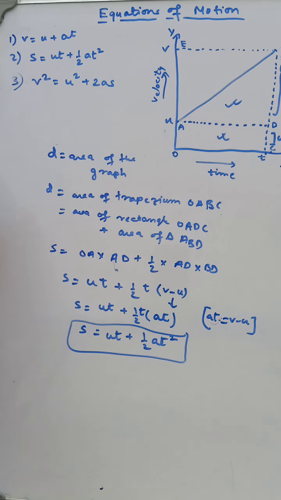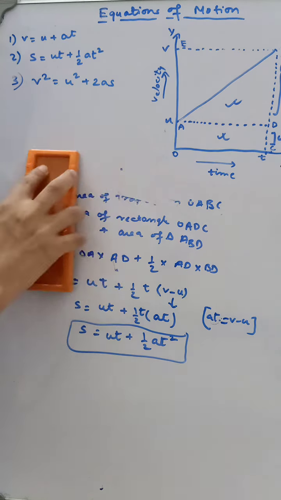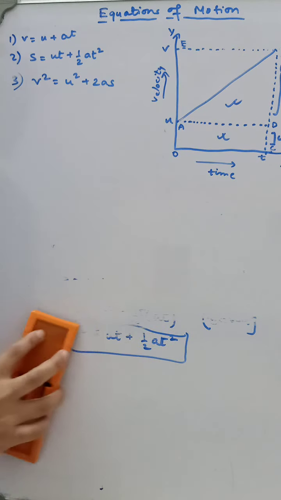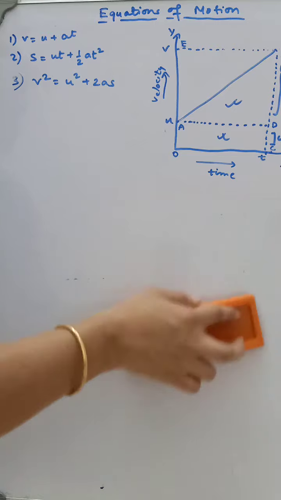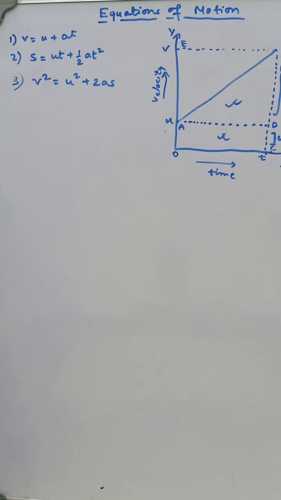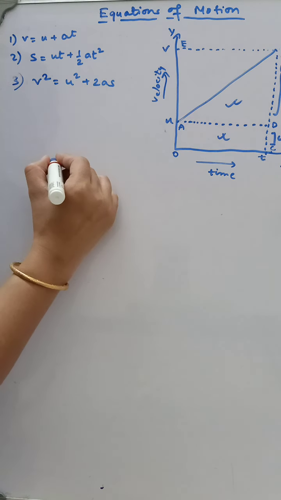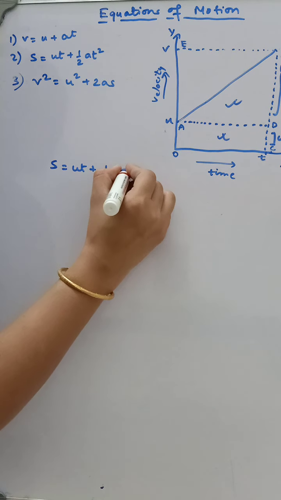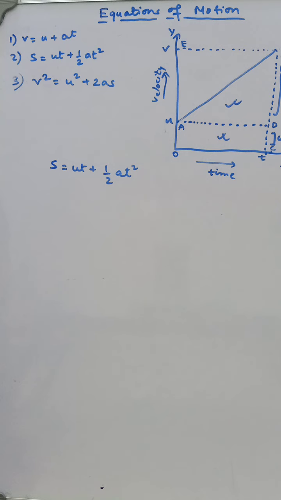Now come to the third equation of motion. The third equation of motion we can get from the first two equations of motion. In the second equation we have s = ut + 1/2 at². Over here in the third equation we don't need t.